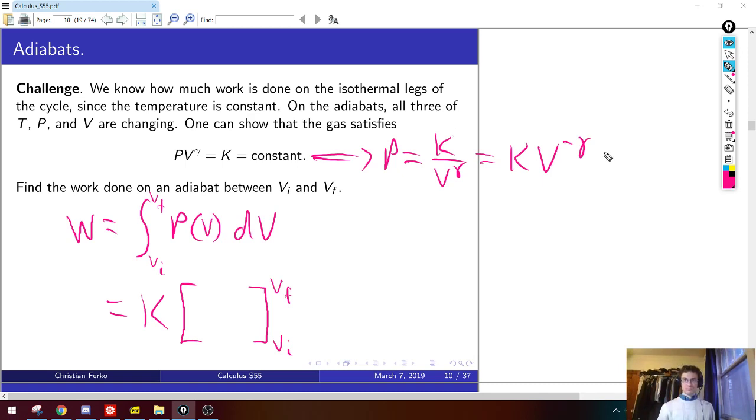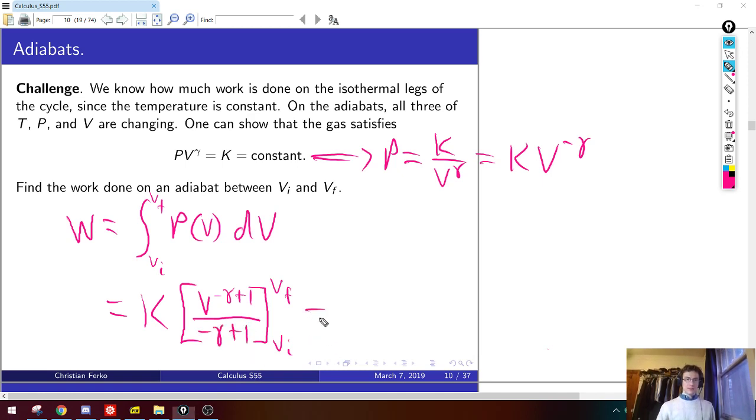I don't want to get integration and taking the derivative confused again. Integration is going up by 1 power and dividing by the new power. Yes. Okay, so in our brackets we're going to have V to the negative gamma plus 1 times 1 over negative gamma plus 1. Good.